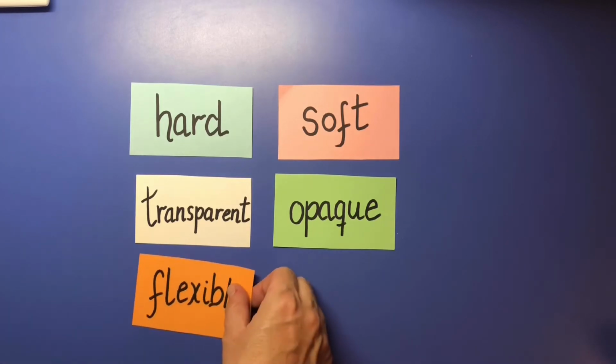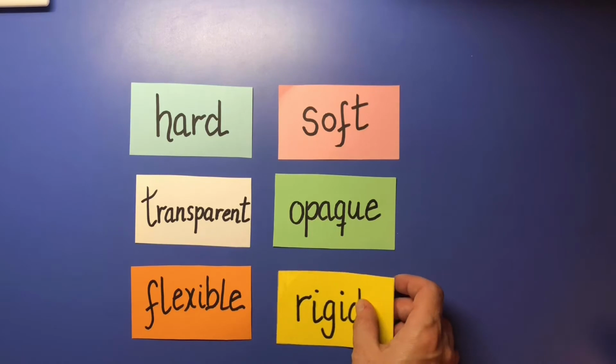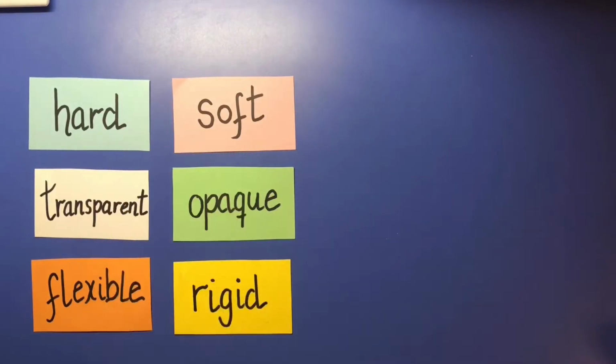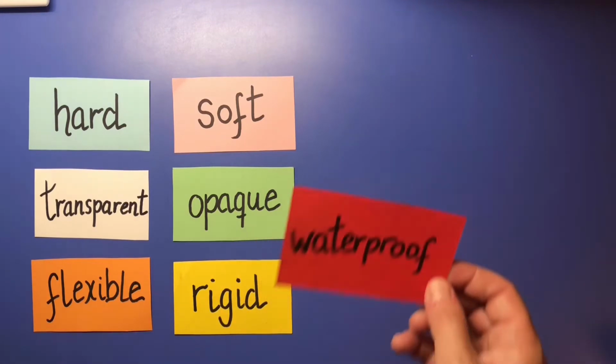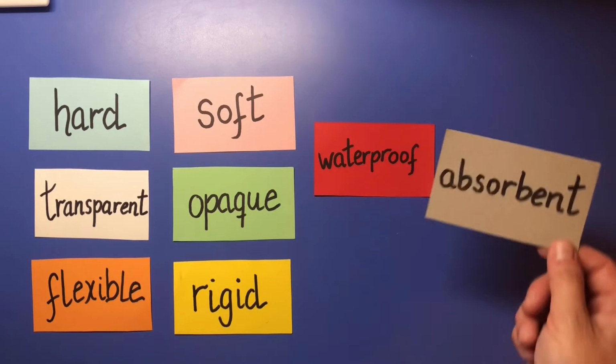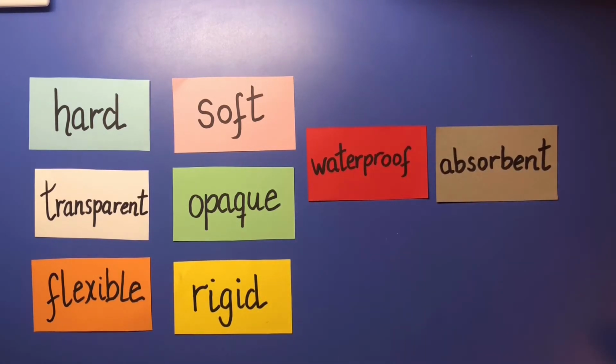Flexible is the opposite of rigid. Waterproof is the opposite of absorbent. Look at it and remember.